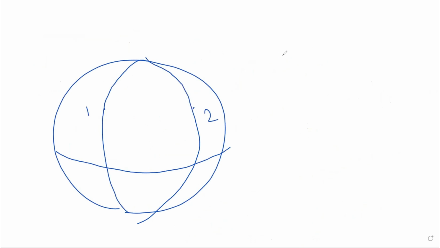Let's consider that we are at the surface of the sphere. And I have a point 1 here and point 2 here, and one meridian goes through this, one meridian goes through that. If it is centered, this will be the position vector of the second. And this one is the baseline.